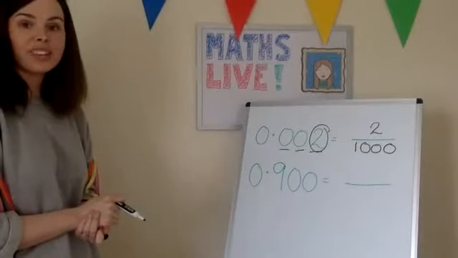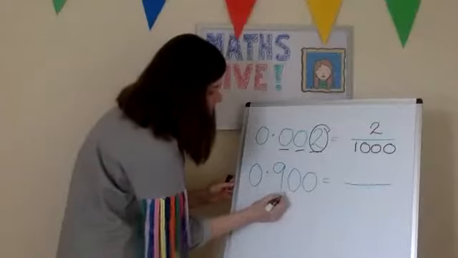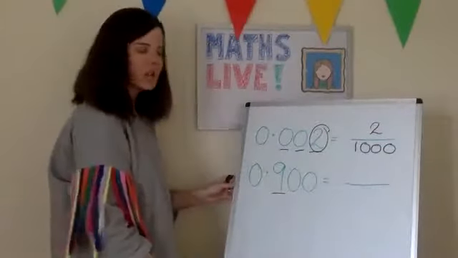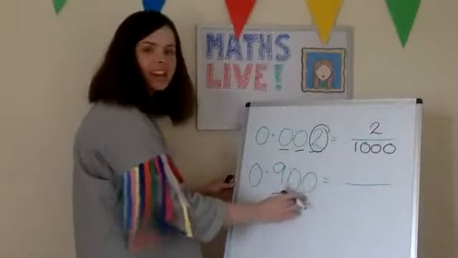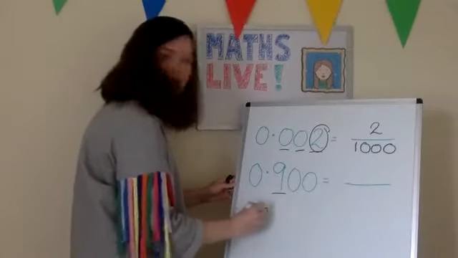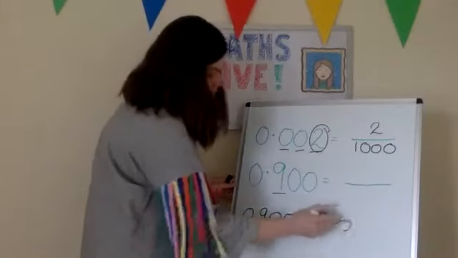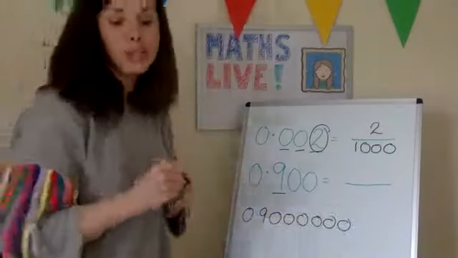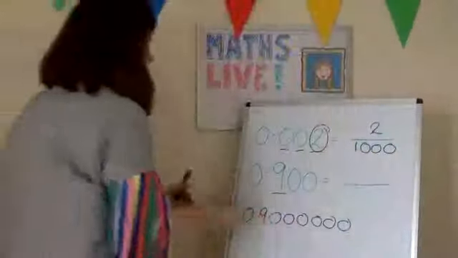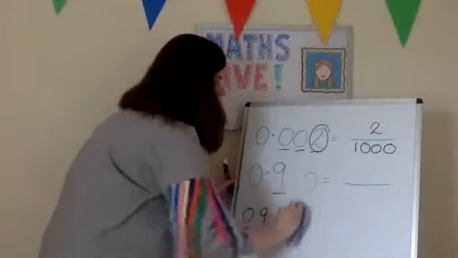Now, this one is mean because there are 9 tenths, but there's nothing else here. The zeros could go on forever, and it means absolutely nothing. The zeros don't have any point in there.